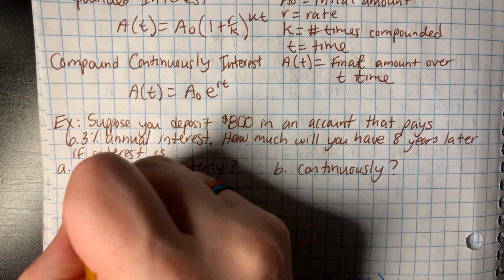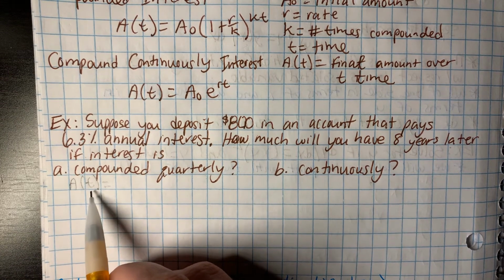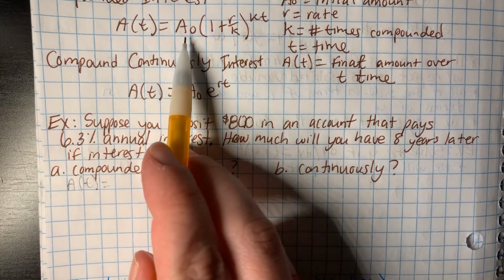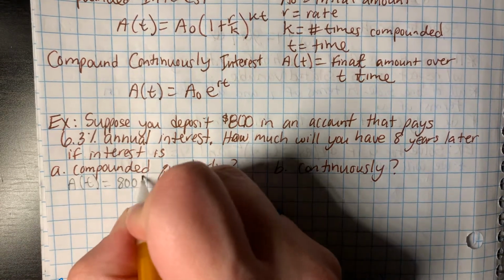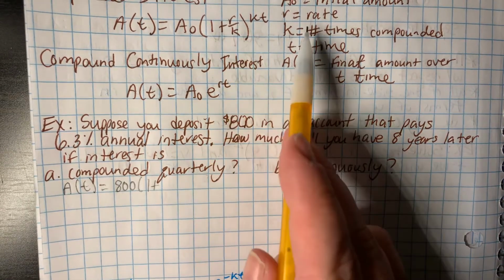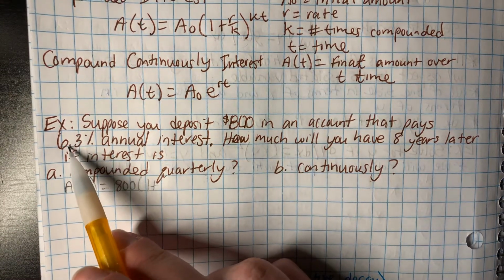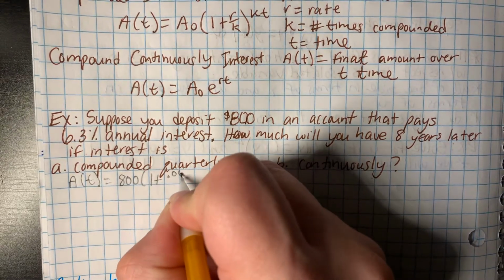A of t is our amount over time. A0 is our initial amount, which it says we deposited $800. r is going to be our rate, which is 6.3%. We need to change that to a decimal, so it'll be 0.063.